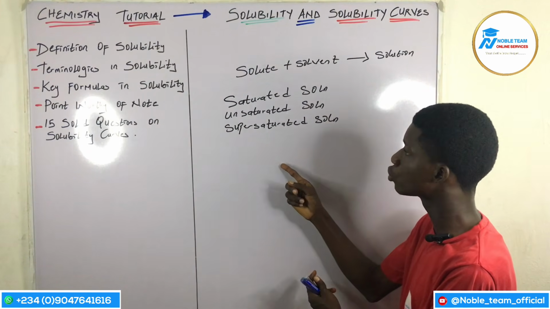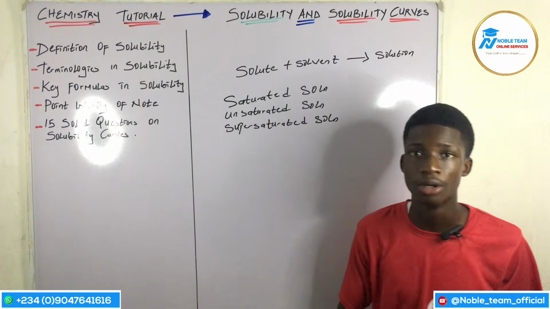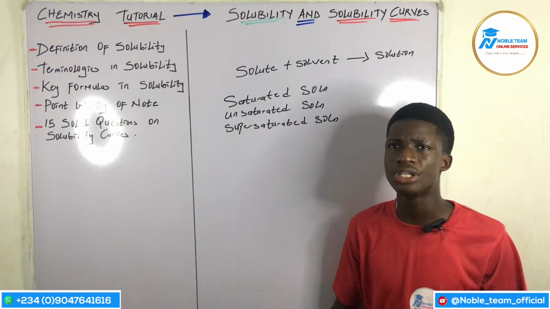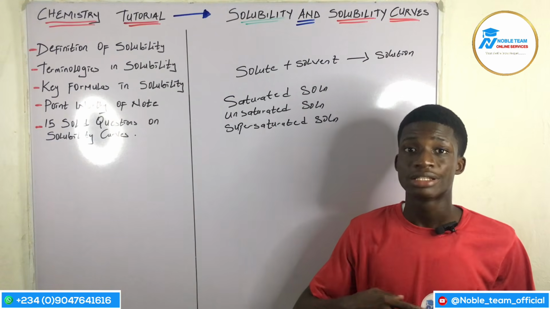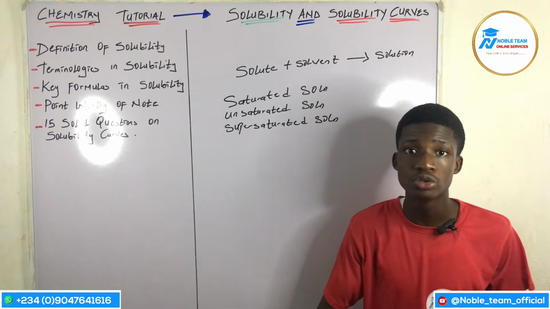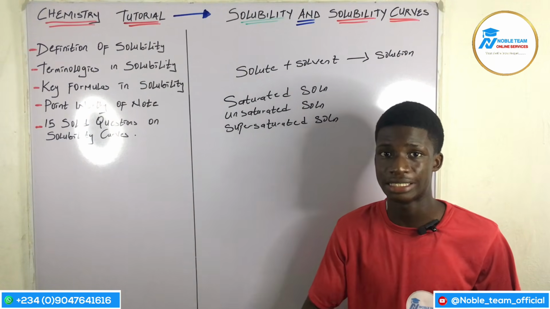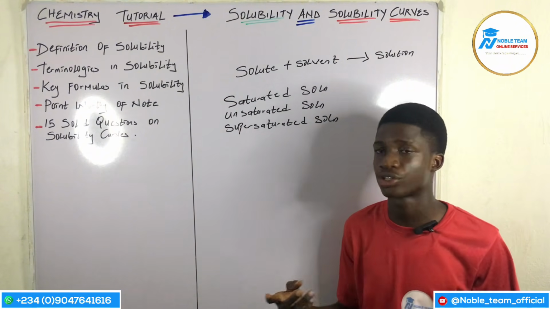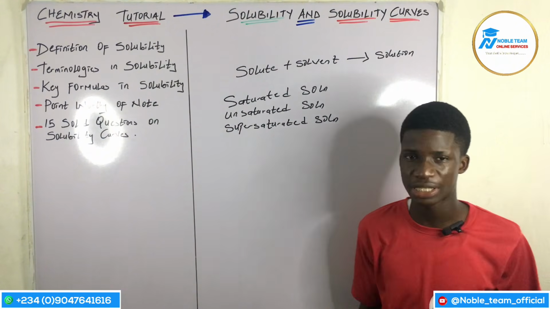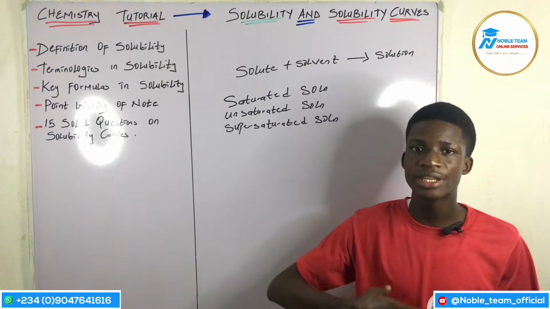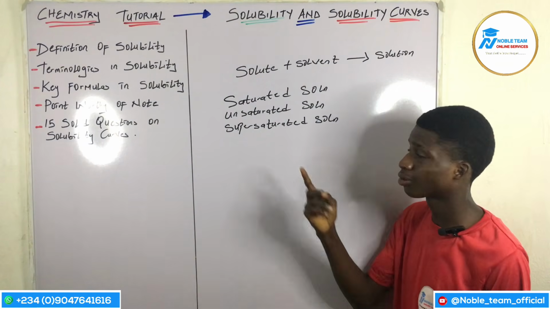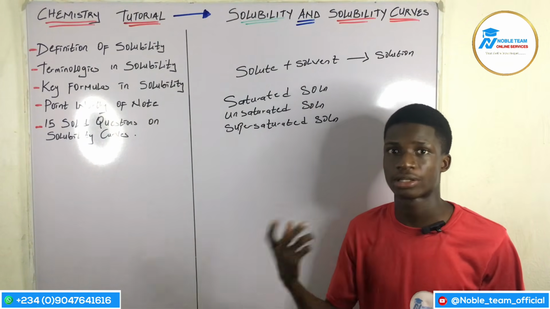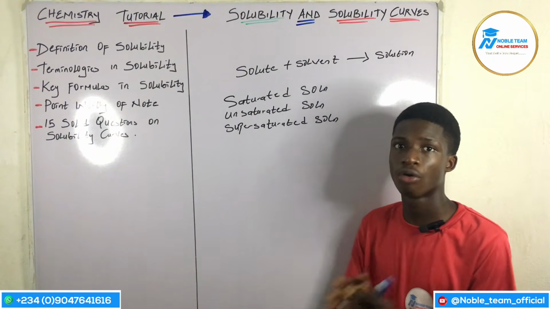Now, let's look into supersaturated solution. A supersaturated solution is a solution that holds more solute than its normal holding capacity at a given temperature. We have been instructed to dissolve 40 grams of this chalk inside 100 grams of water.